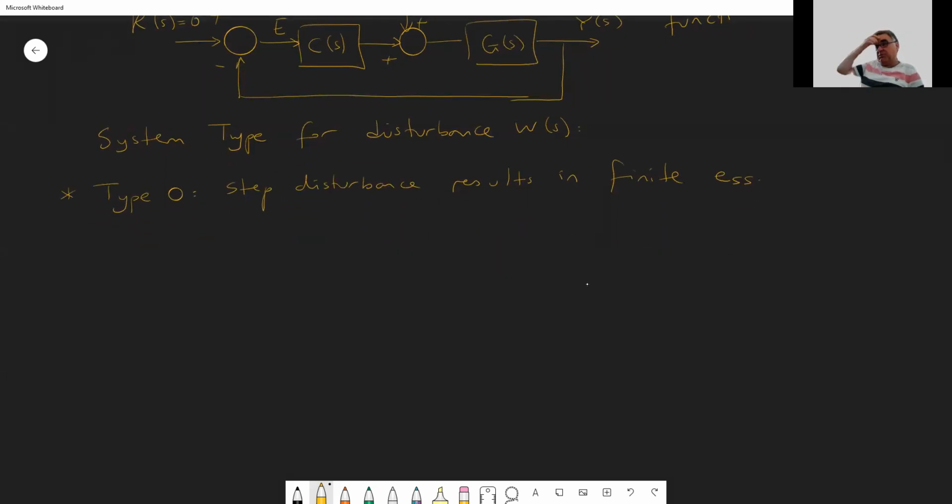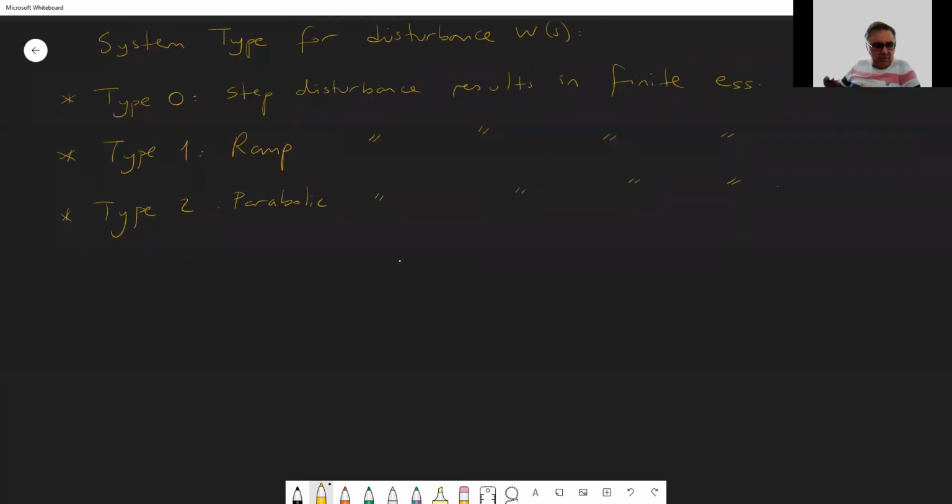So there is a step disturbance, but the response cannot go to 0. It stays at a finite value. Type 1 system, in which the ramp disturbance results in a finite steady state error. And for a type 2 system, parabolic disturbance results in finite steady state error. So, for example, for a type 1 system, for a step disturbance, the steady state error will usually be 0. So this is more or less how we define it.